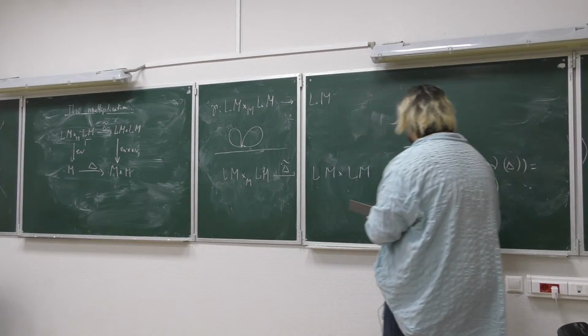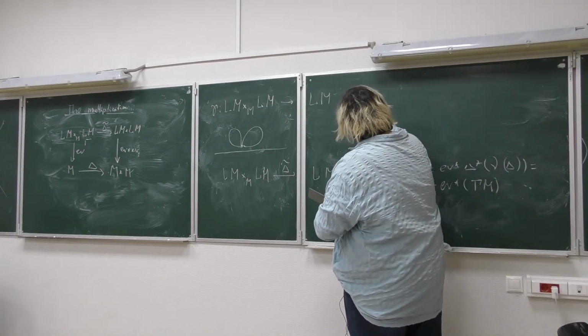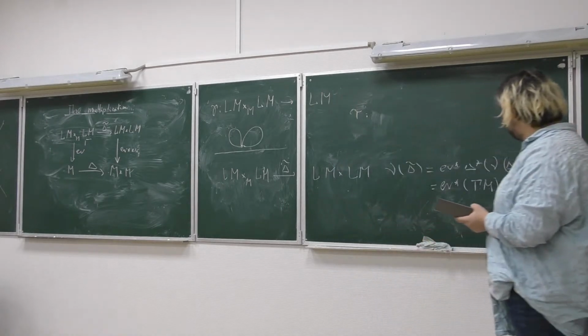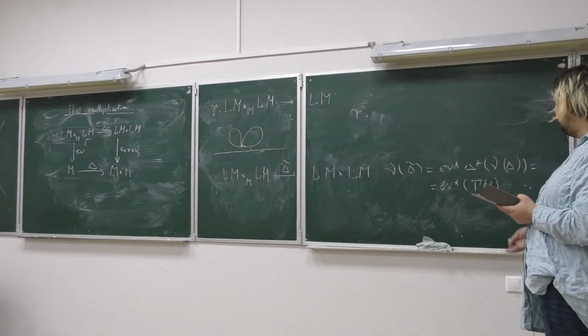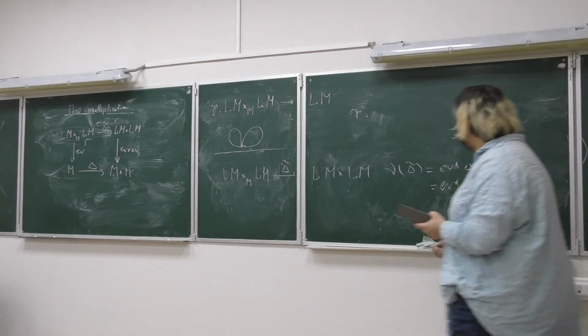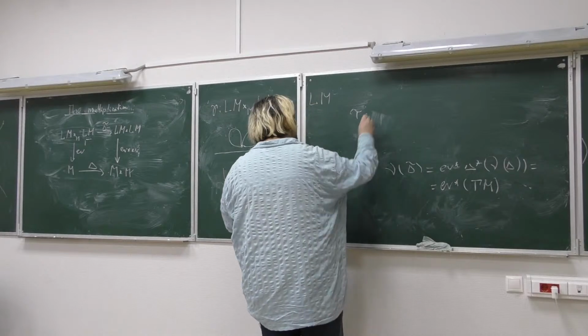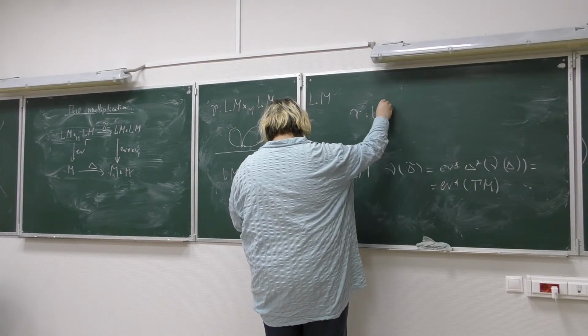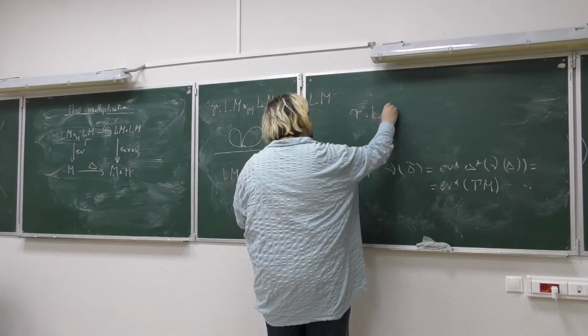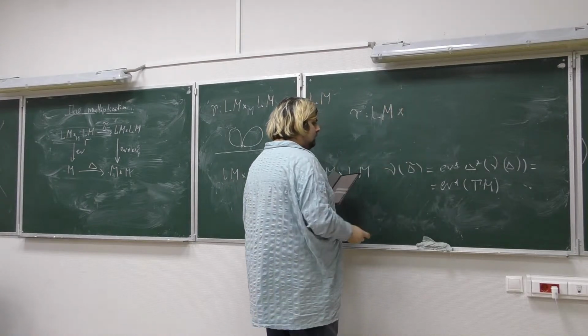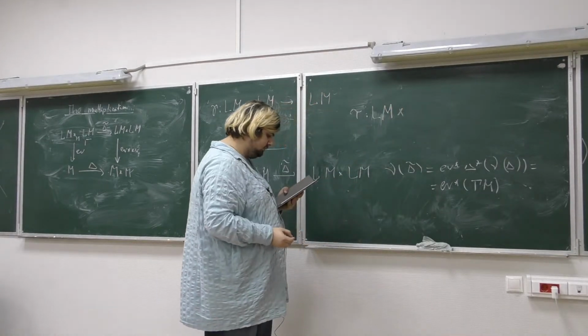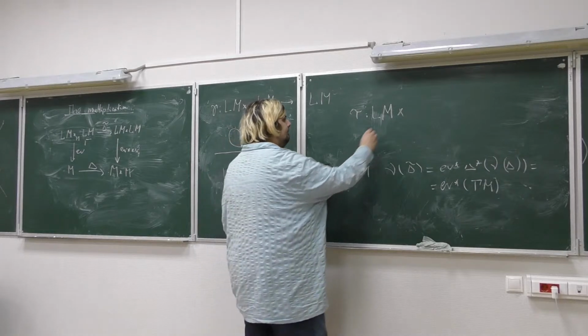Okay, so we have a Pontryagin-Thom map, which is induced by this normal bundle.